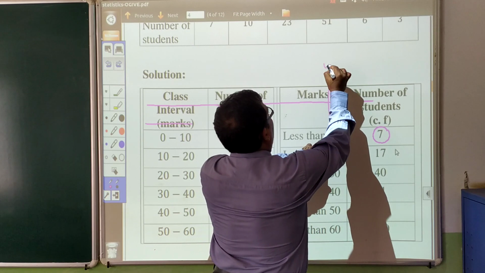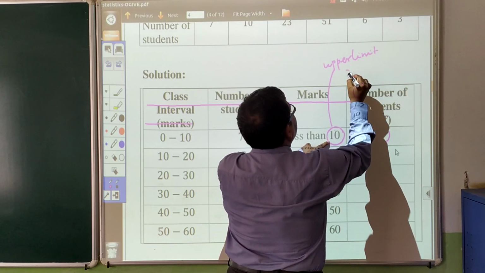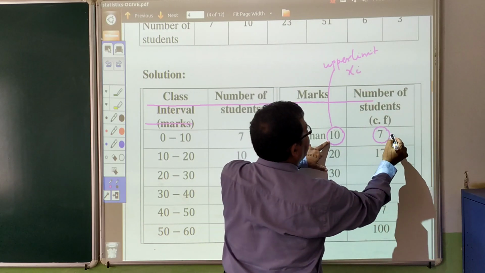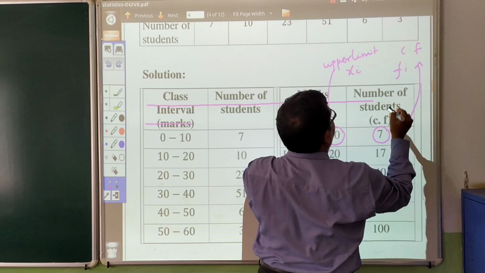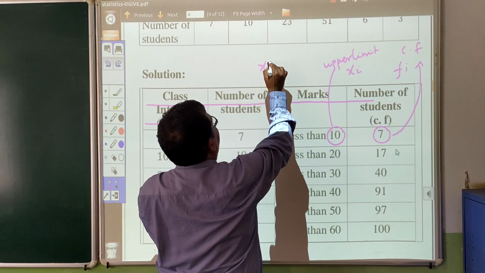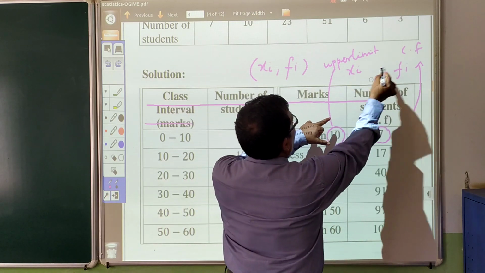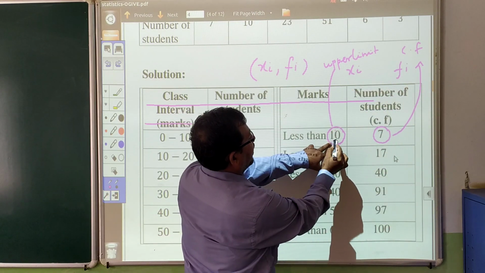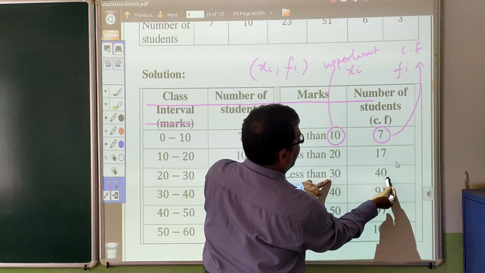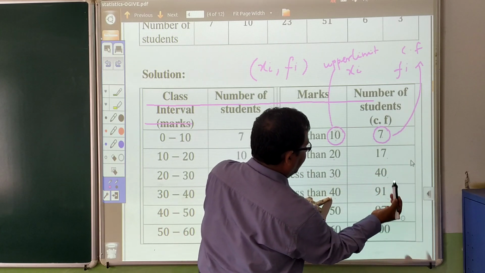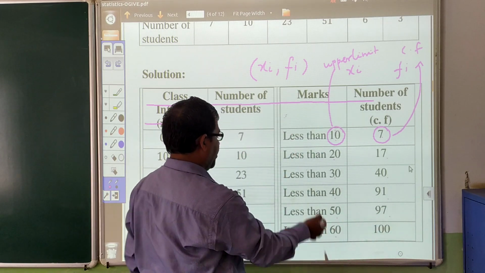This is the upper limit, it is xi. And this is the cumulative frequency, this is fi. So I have to take the point xi, fi. That means the coordinates of the points 10, 7, 20, 17, 30, 40, 40, 91, 50, 97, 60, 100.